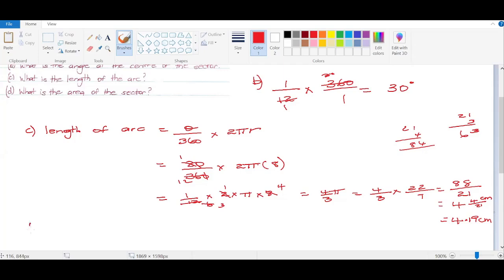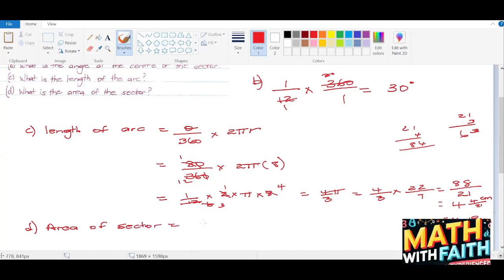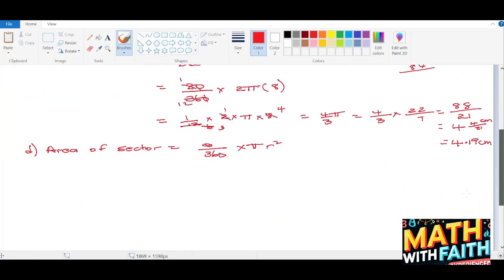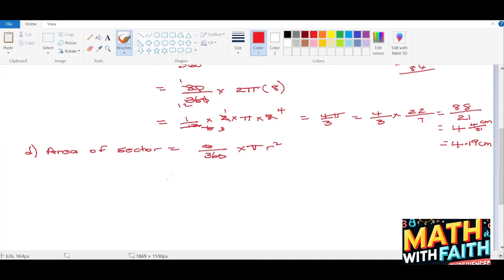And last but not least, part D says, what is the area of the sector? So for the area of a sector, we already know that theta out of 360 is 1/12. So we could calculate it like that, multiplied by pi by r squared. So theta over 360, as we know, is 1/12.